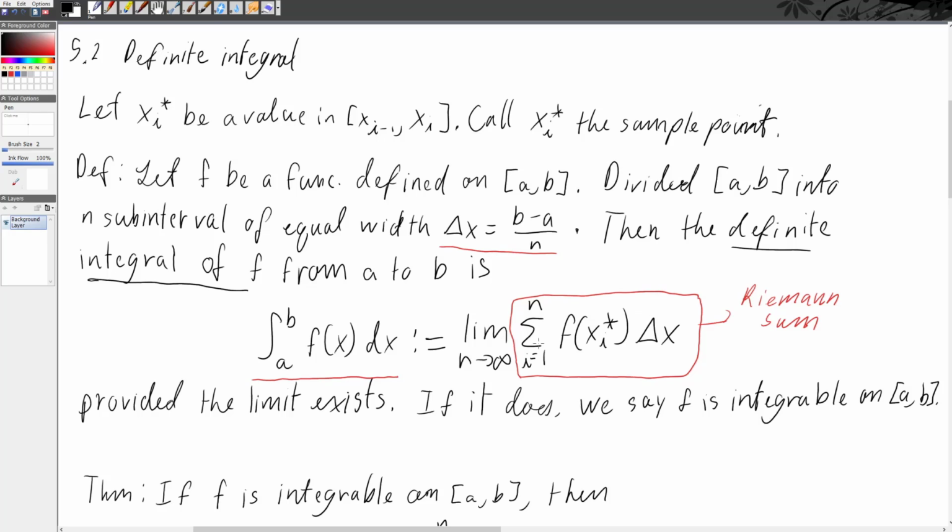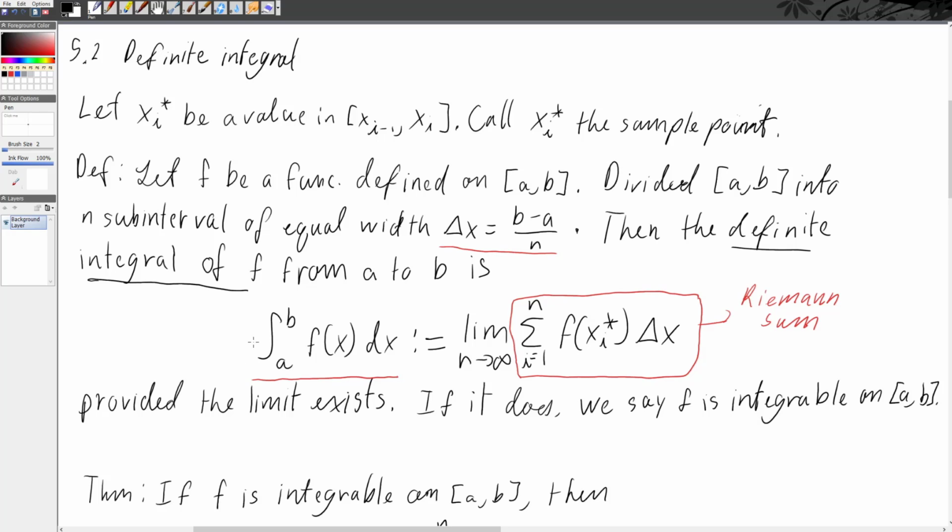We call this sum the Riemann sum, provided the limit exists, of course. And if it does, we say that f is integrable on [a, b]. So this is just a definition.